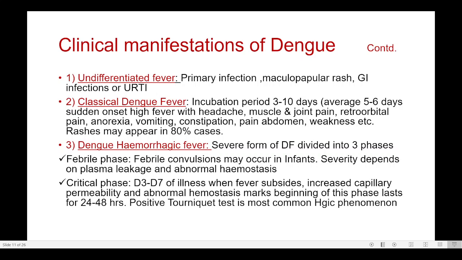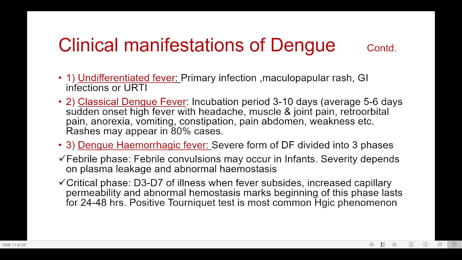That means in the afebrile phase, the critical phase starts. It is associated with increased capillary permeability and abnormal hemostasis. It marks the beginning of this phase, and this critical phase lasts for 24 to 48 hours. If the patient can be properly managed during these 24 to 48 hours, then the patient may survive.